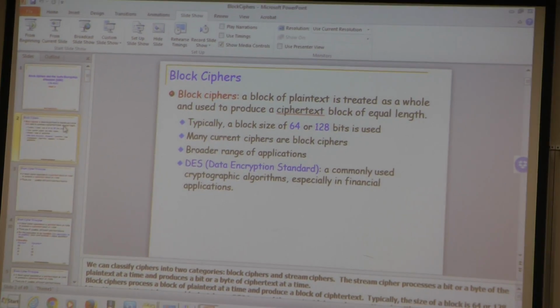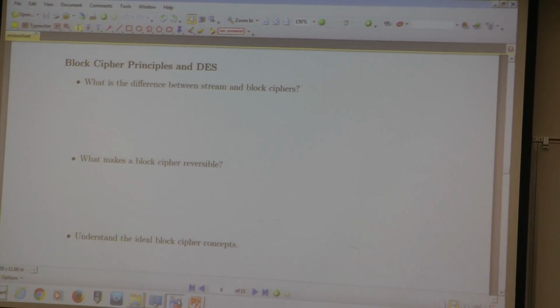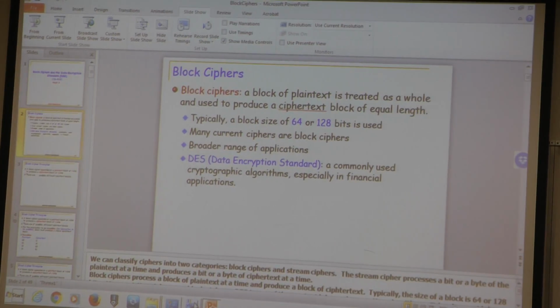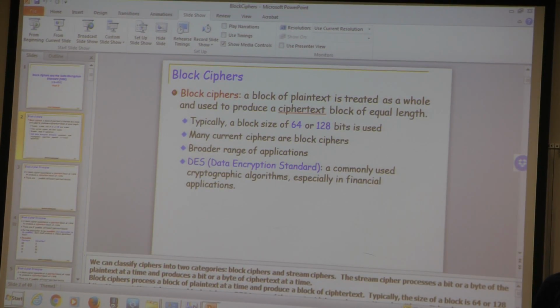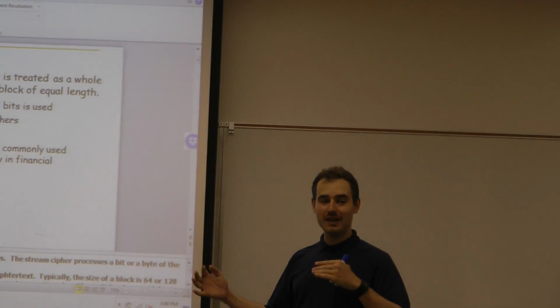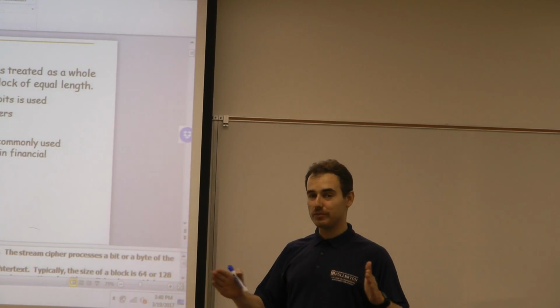The first question on the handout asks: what is the difference between stream and block ciphers? So, what is a block cipher? A block cipher encrypts things multiple elements at a time. It could be multiple bits at a time, or multiple bytes at a time, but typically multiple elements.